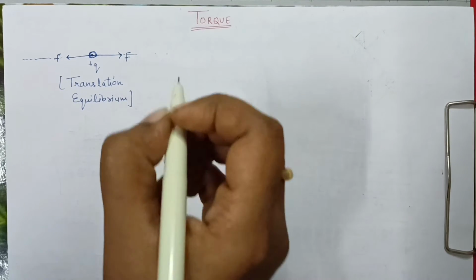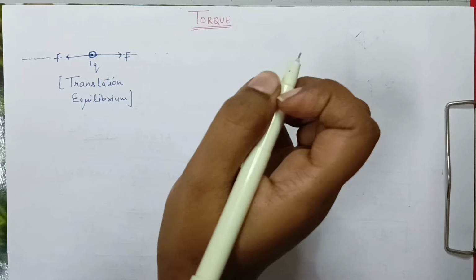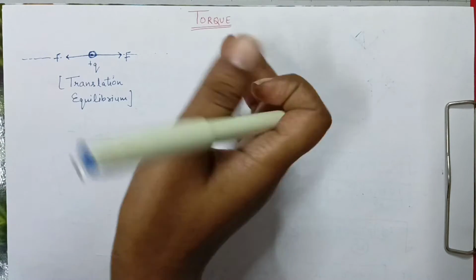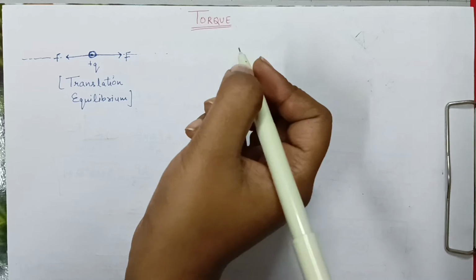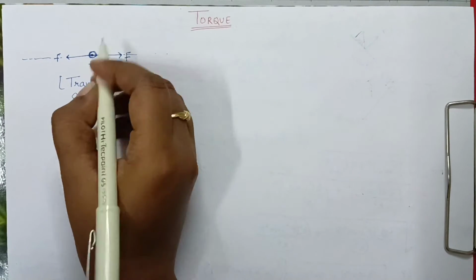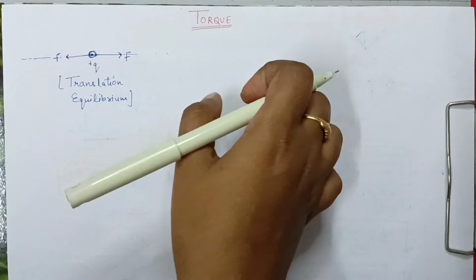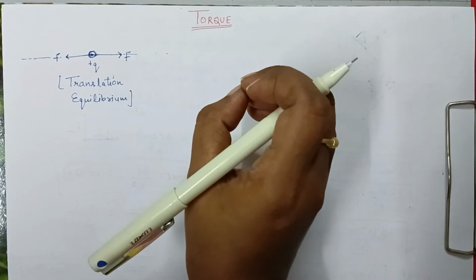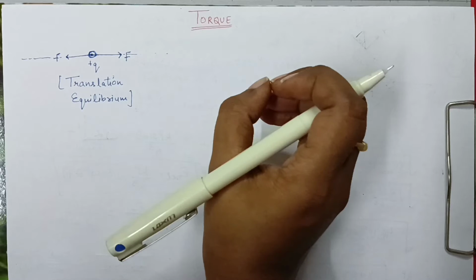Now translational equilibrium is a very fancy term. It just means that because of these two equal and opposite forces, the charge is not going to move anywhere. It is going to stay in equilibrium at this position itself. This is the meaning of translational equilibrium.